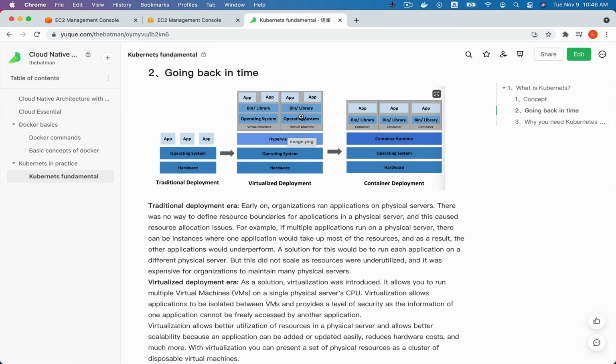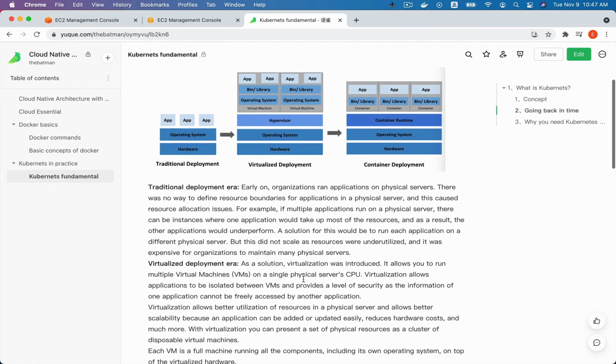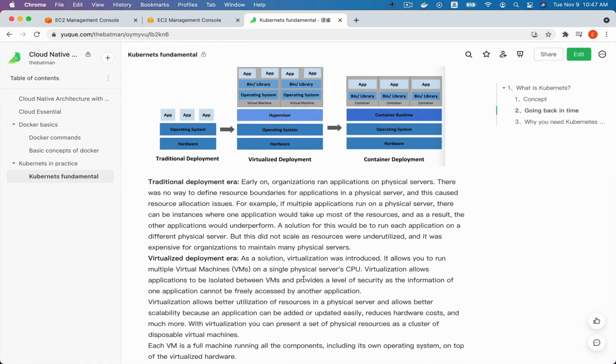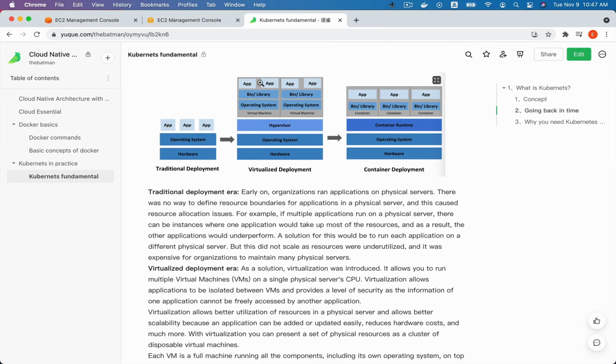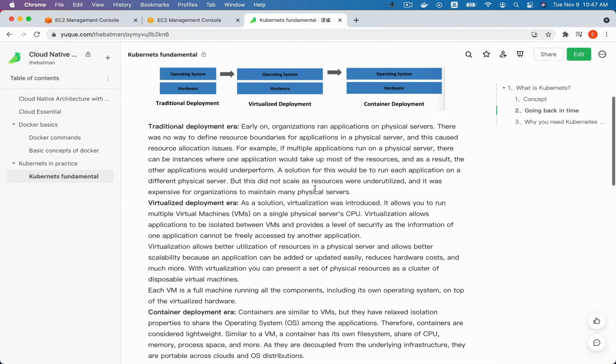If the utilization is low, we can run multiple virtual machines on the same machine. Virtualization also provides high availability. If this hardware server goes down, the virtual machine can migrate to another hardware.